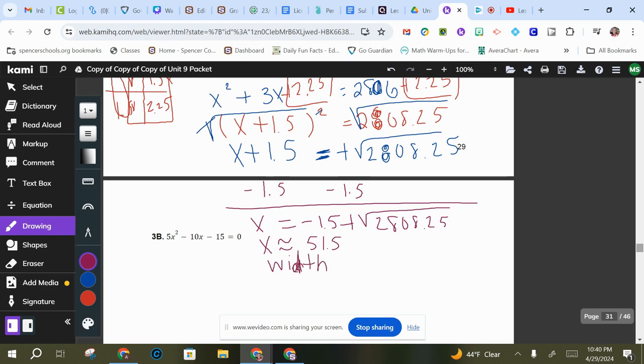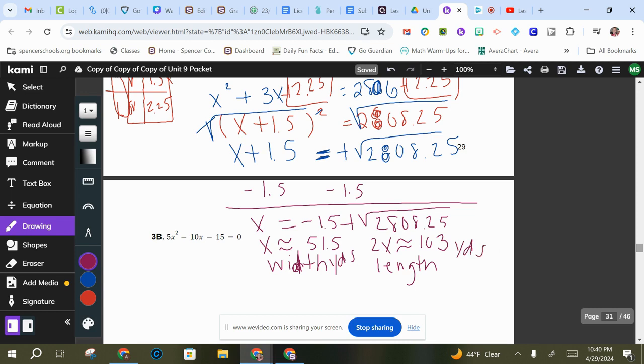And remember, the length is twice the width, so 2 x's, that would be approximately 103. So I would have a width of 51.5 yards and a length of 103 approximately, because I rounded there just so it can make more sense.